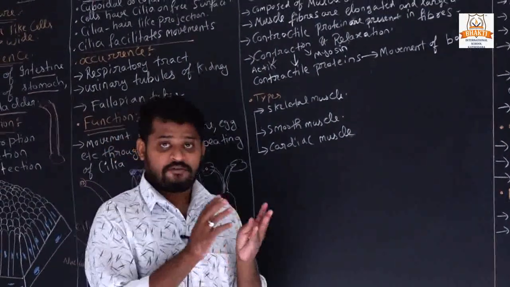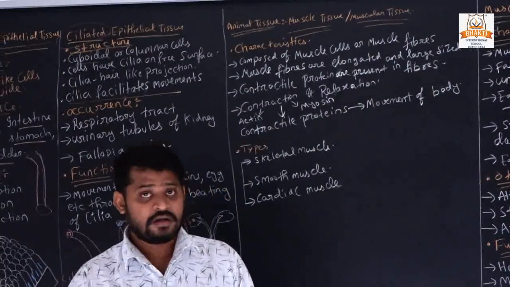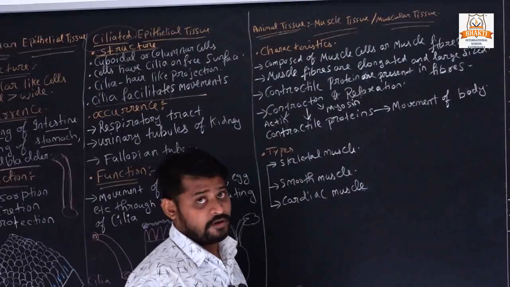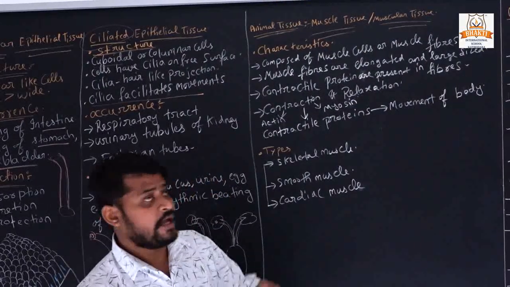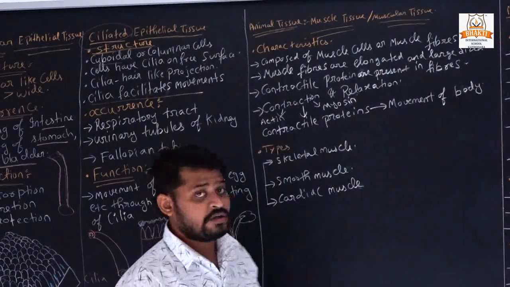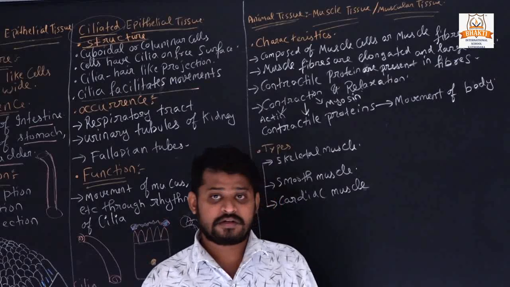So now our first type of animal tissue is over. Now we are going to study the second type of animal tissue, that is muscle tissue, another name is muscular tissue. Why are we going to study this?